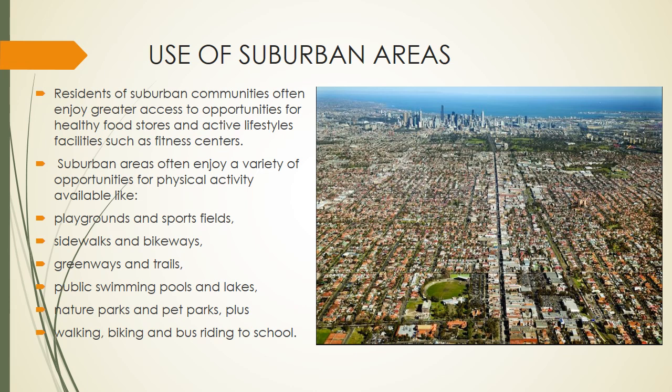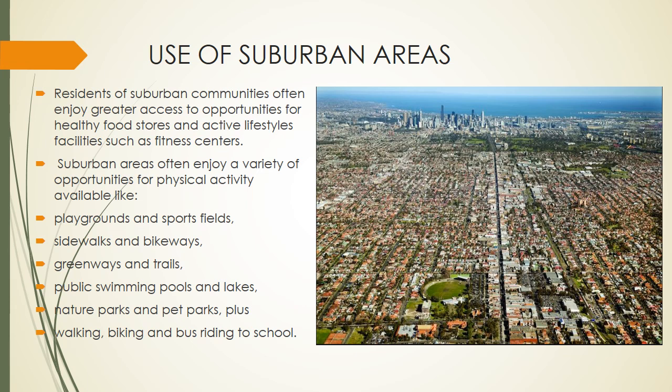Residents of suburban areas often enjoy greater access to healthy food stores and active lifestyle facilities such as fitness centers. So it is very good in fitness centers and good lifestyle facilities.